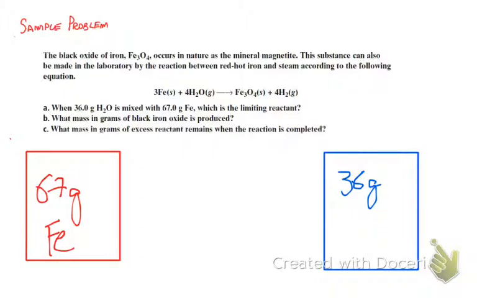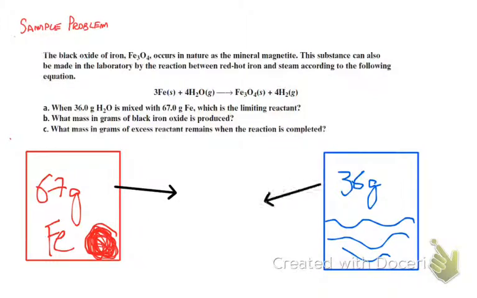So in here I'm going to have my liquid water. Okay, I've got 36 grams of water in here. Over here, I have a sample of red hot iron. Okay, now what's going to happen is I'm going to now mix them in a third reaction beaker.